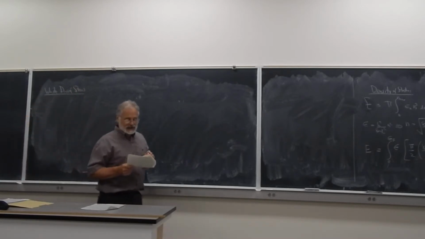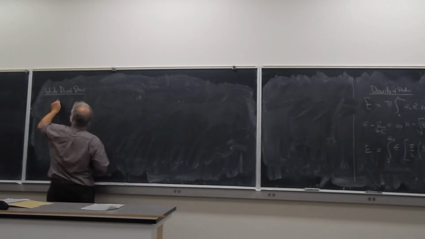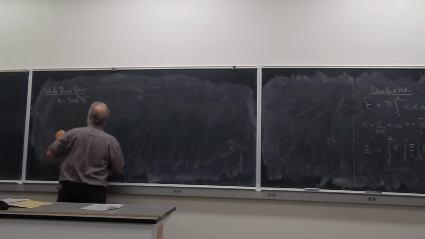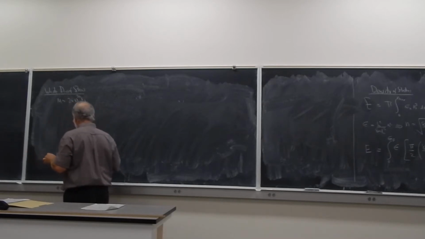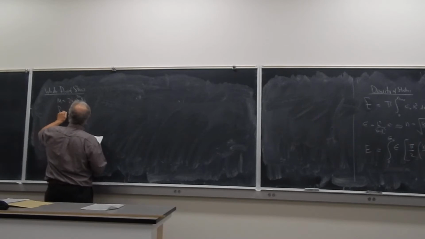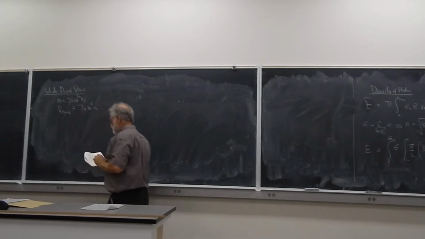White dwarf stars have masses on the order of the sun, let's say 2 times 10 to the 30th kilograms, but have radii on the order of the Earth. About 1% of the sun's radius, the radius of the dwarf is on the order of, let's say, 7 times 10 to the 6th meters. A little bigger than the Earth.